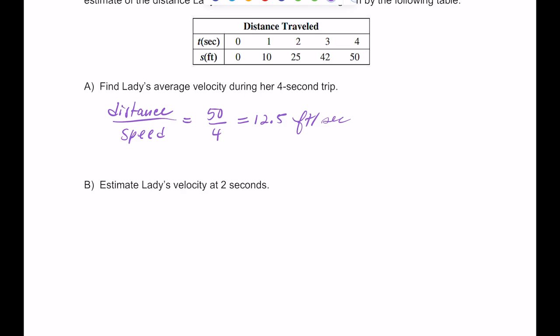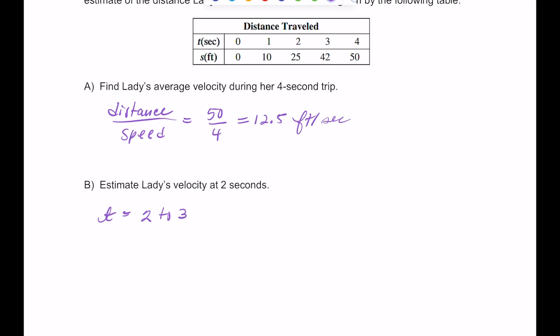So now what would Lady's velocity be at 2 seconds? We could estimate her velocity by taking short time intervals from 2 to 3 seconds, and then maybe like 1 to 2 seconds, and then average the 2 together. So for 2 to 3 seconds, we could just find f of 3 minus f of 2.